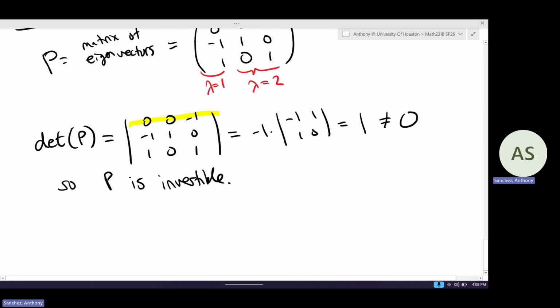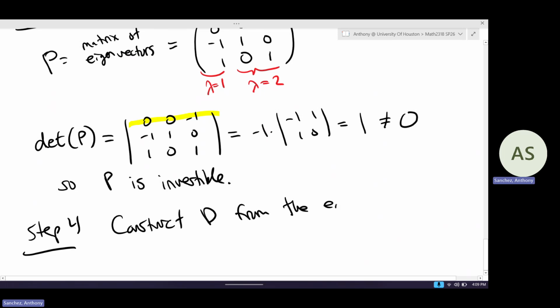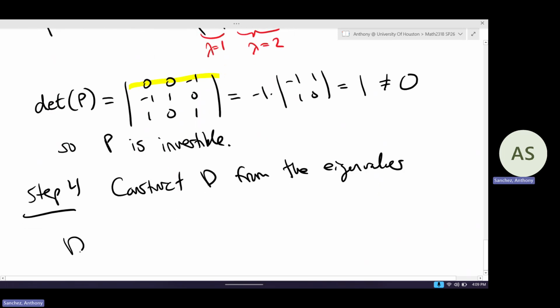All right, and now step 4, construct D from the eigenvalues. So D is going to have eigenvalues 1, 2, and 2.